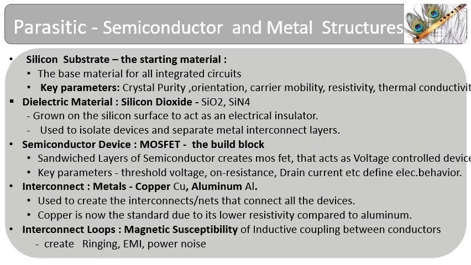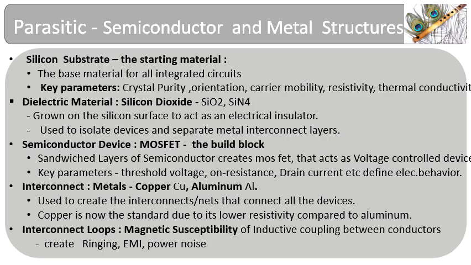Chip fabrication uses dielectric materials like silicon dioxide and silicon nitride in device fabrication, interconnect isolation and passivation layer formation. The MOSFET, the fundamental building block, is made of sandwiched layers of semiconductor materials. Its key parameters such as threshold voltage, on resistance, and drain current define how it behaves electrically and dictate the circuit speed and power consumption.